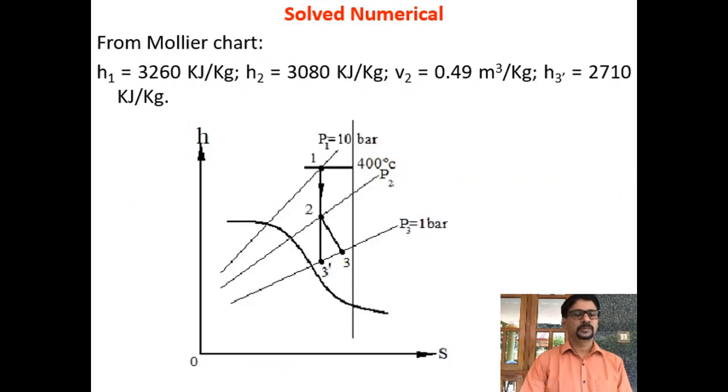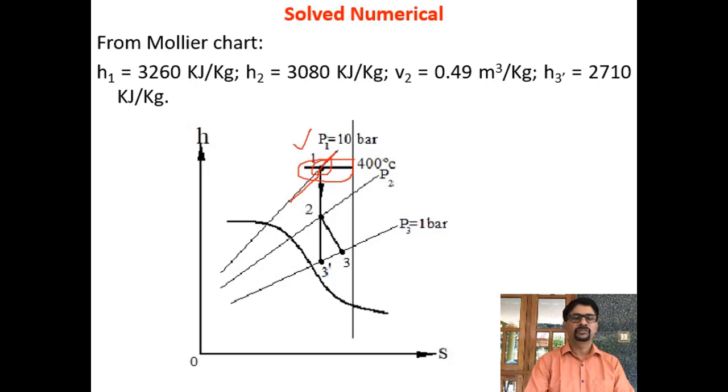Now let me explain the problem through the Mollier chart. Here the initial condition is 10 bar and 400 degrees Celsius. It is shown horizontally here, but it is nothing but the superheat temperature line, 400 degrees Celsius. Locate that line and also locate the 10 bar line, P1 equal to 10 bar. The intersecting point is the initial state of steam entering the nozzle, that is state 1.